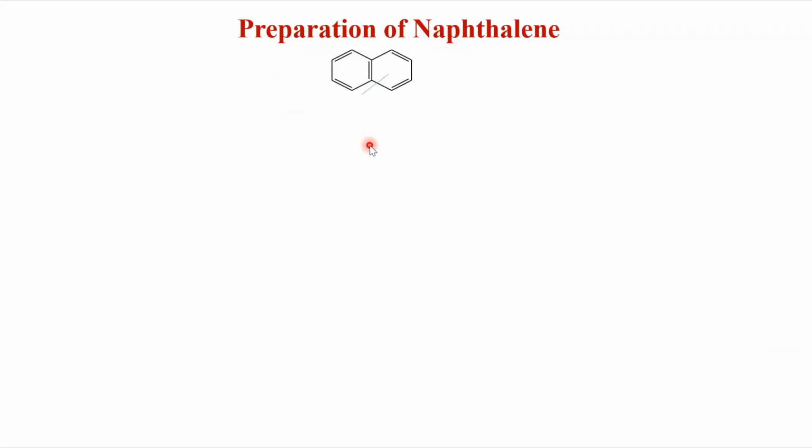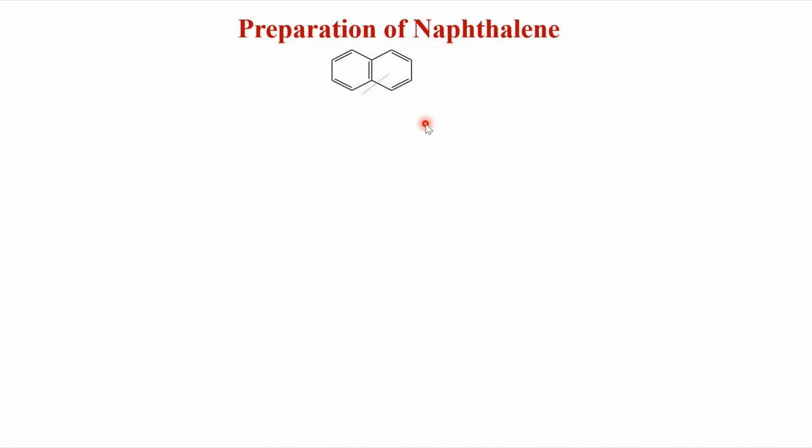Naphthalene was prepared by this method. They took naphthalene and broke the bond over here between the C4 and C4a position.